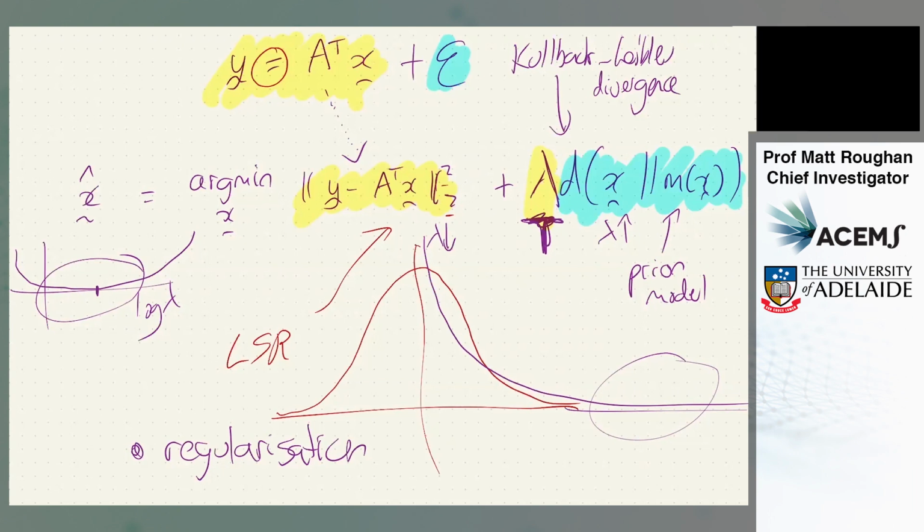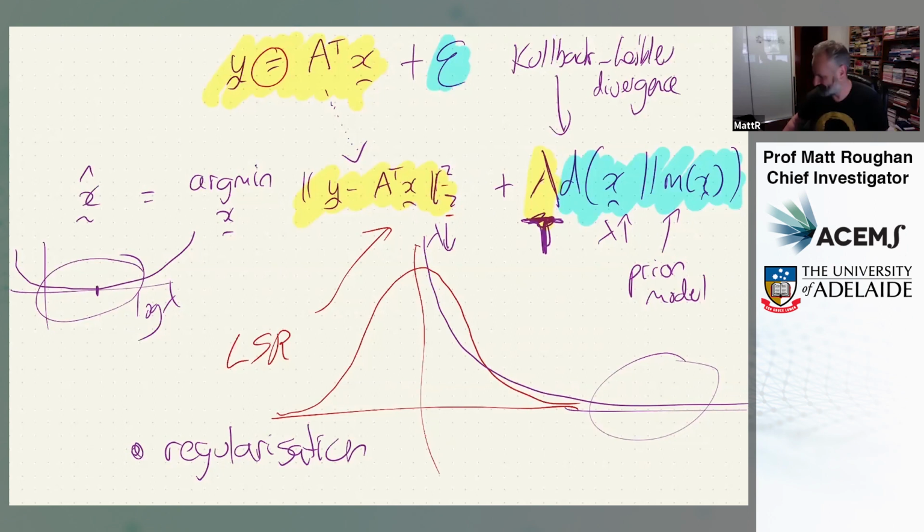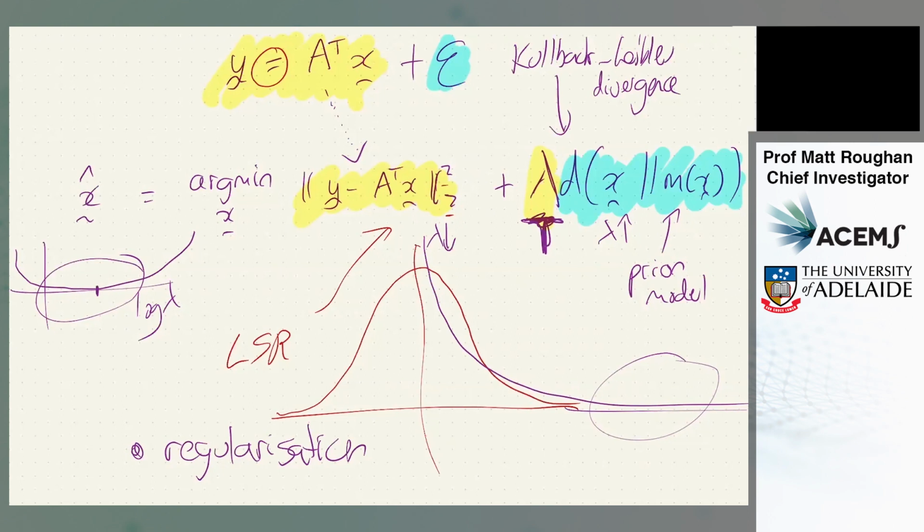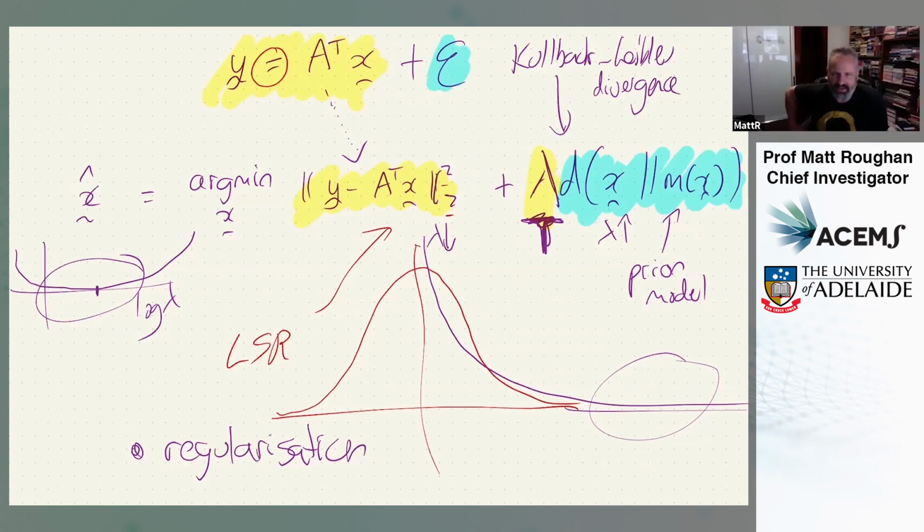So Matt, it's Peter Taylor here. I've got a question. Hey, Peter. So I look at what you've got there, and it looks to me like a Lagrangian of a constrained optimization problem. Absolutely, that's exactly right. In fact, you can rewrite these in duals, and you can do a whole lot of that sort of view of it.